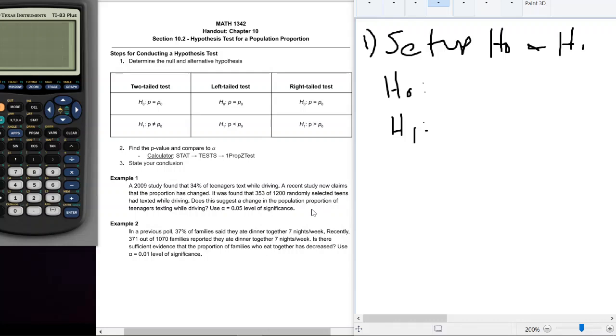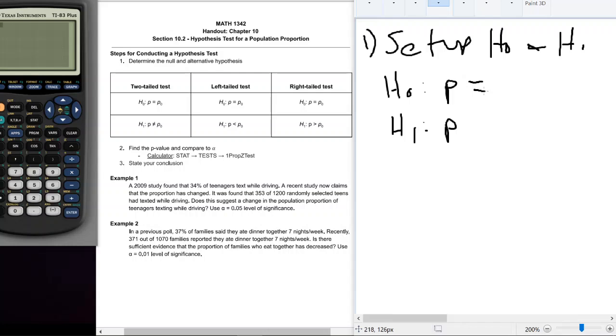So here, notice that we're saying in a previous poll, 37% of families. This percentage is going to be a proportion, so proportion is the parameter of interest. We'll denote that for both hypotheses. From the previous video, your null hypothesis in this class will always be set up as equal to.